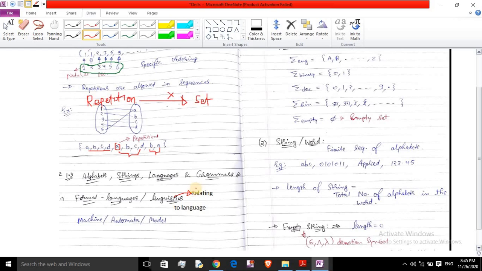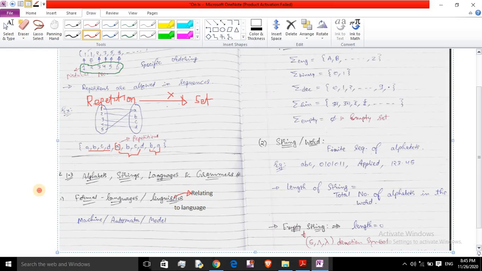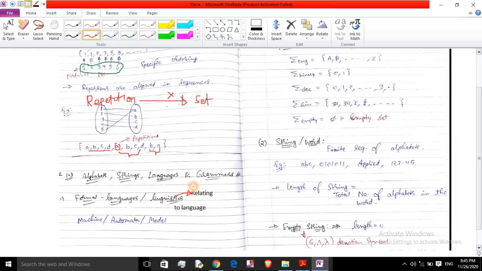Linguistic means relating to a language. Its dictionary meaning is relating to a language. We have already told you that machine, automata, and model are synonyms of each other in the reference of this subject.